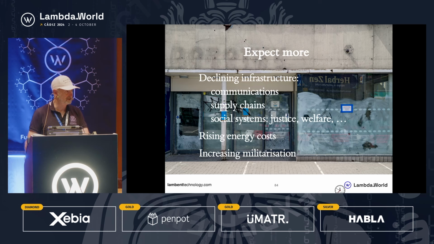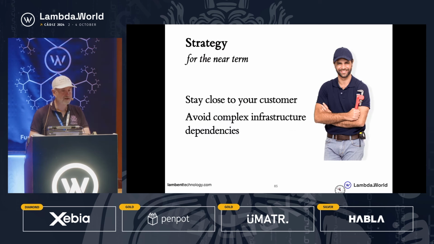We've already seen the start of this, everything from potholes in the road to power outages, supply chains that are starting to break down, and we can also expect rising energy costs. So a strategy for software development in this scenario is to stay close to your customer and avoid dependencies on complex infrastructure.